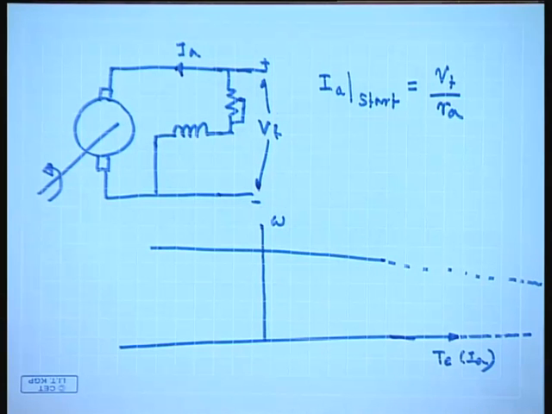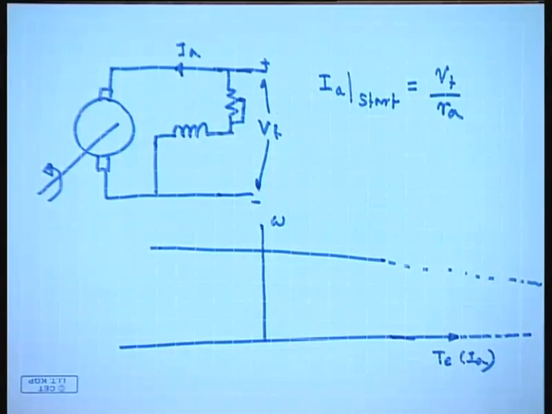For very large machines, this may be as small as 1 per unit, 1%. Even for a small machine, it will not be more than 10%. So, you can expect anywhere from 10 to 100 times the rated motor current to flow if it is connected directly across the supply voltage.